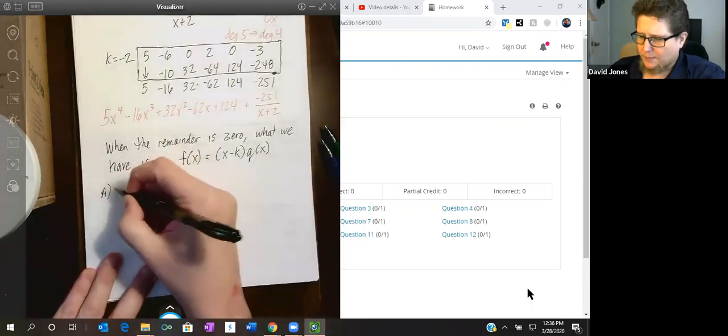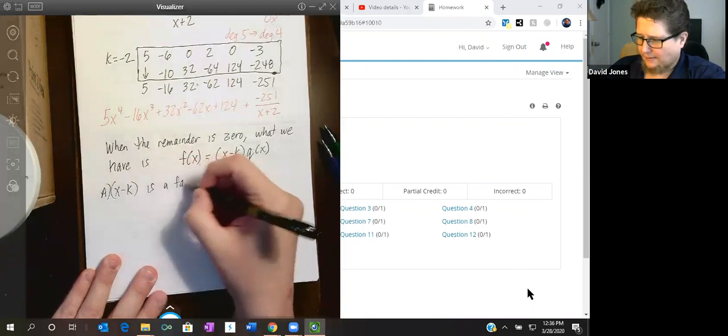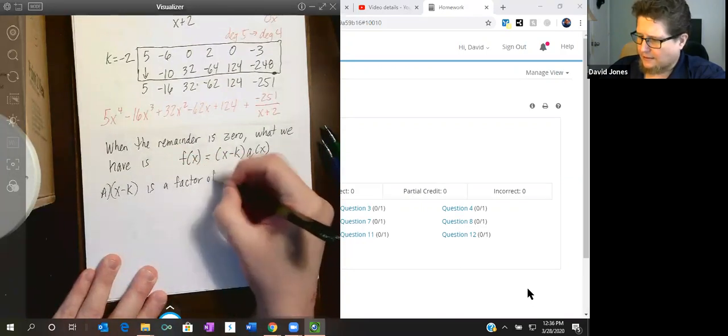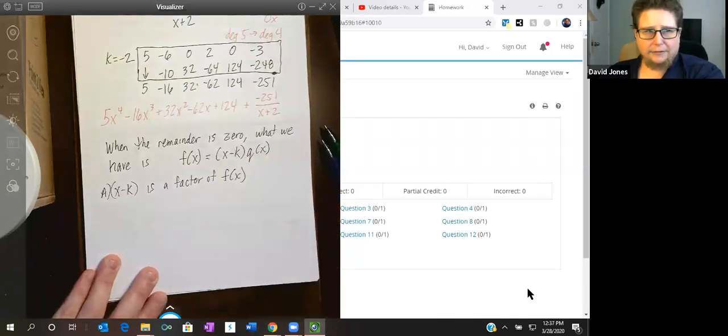So x minus k is a factor of f of x. That's part A.